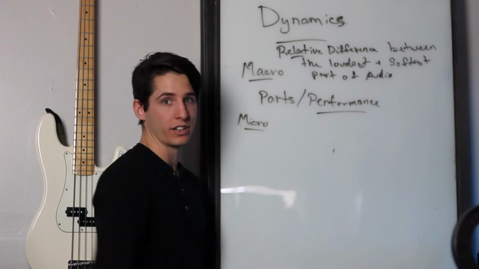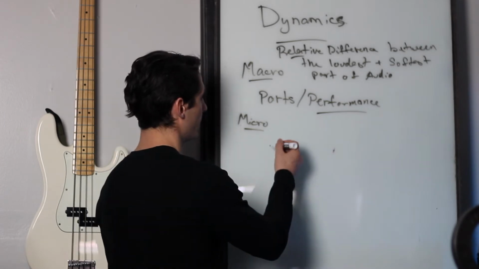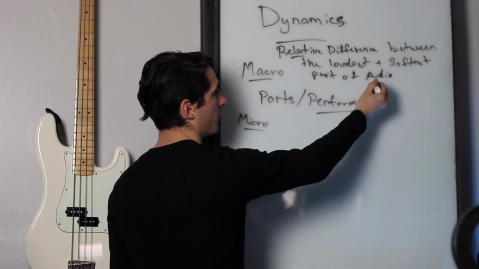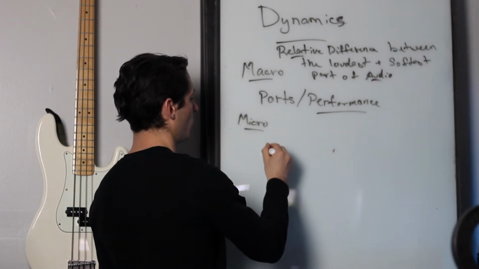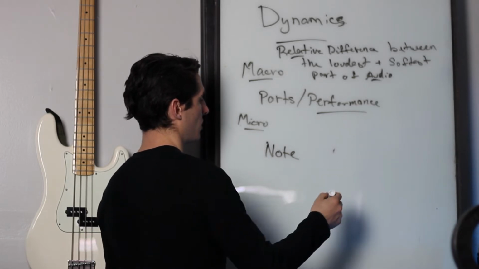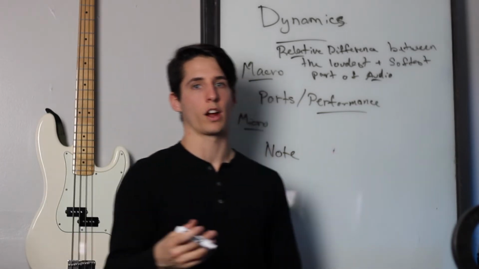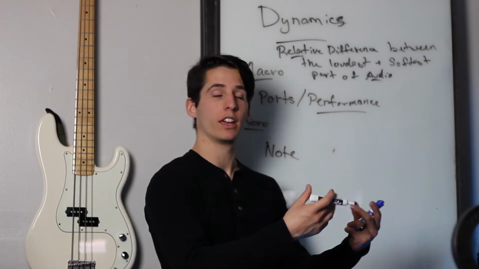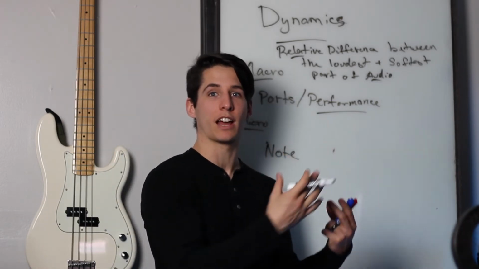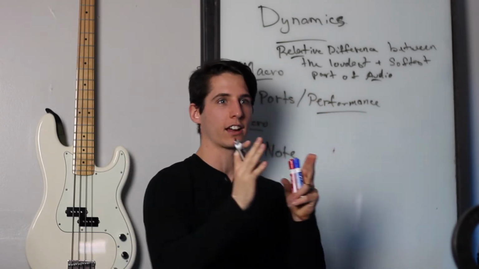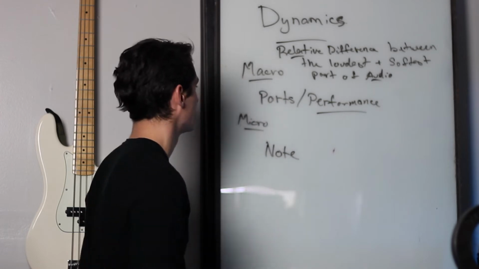Alternatively, microdynamics is the difference between the loudest and softest part of a single note. So, a note, right, if I say "ba," that is a single note, and the b part is much louder than the ah part. So, "ba," you have a loud attack, then a softer, quieter part after.